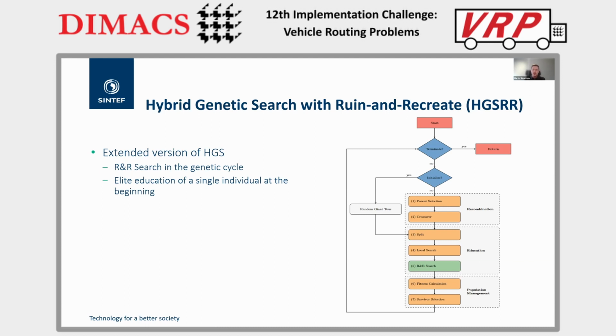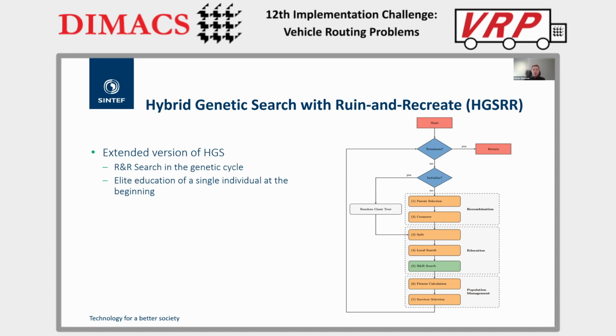The offspring solution is then improved with a local search and further improved by the ruin and recreate search in component 5. The last 2 steps consist of evaluating the solution's fitness relative to the population, and then determining whether it's going to survive as a part of the population into the next iteration.